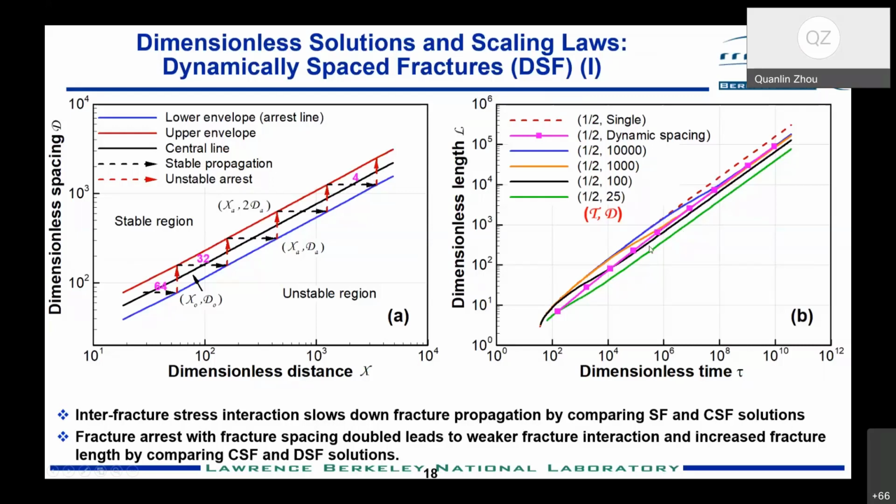And then we can say inter-fracture stress interaction slows down fracture propagation, by comparing single fracture and constant space fracture solutions. Fracture arrest with fracture spacing doubling leads to weak stress interaction and increases the fracture length, by comparing constant space and dynamic space fracture solutions.